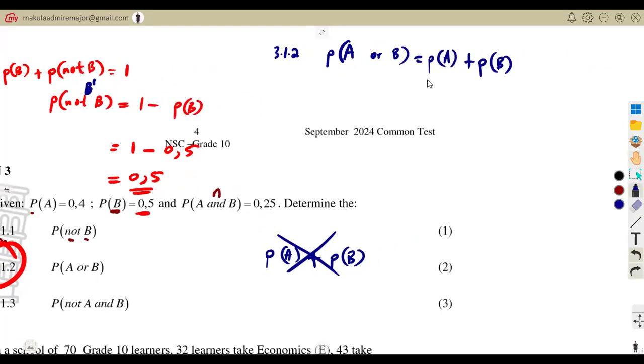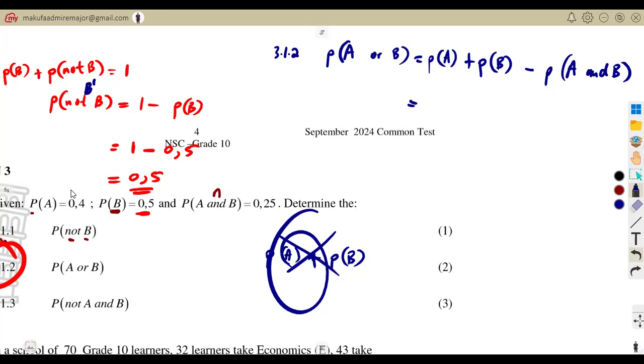Why remove the intersection? Because the intersection is those terms which occur in both A and B at the same time, so there is a repetition of terms there. That must be subtracted. Remember, A and B shows those terms that are found in both, so they are just a repetition, already presented in one of the sets, so it must be removed.